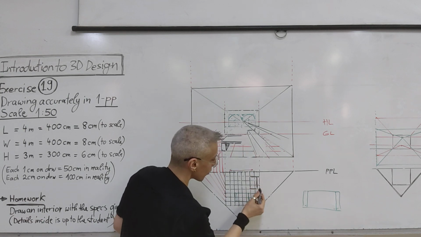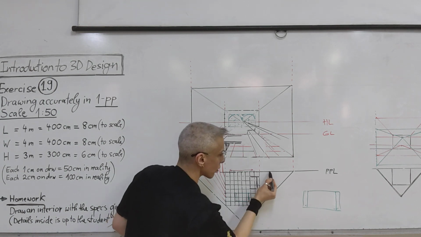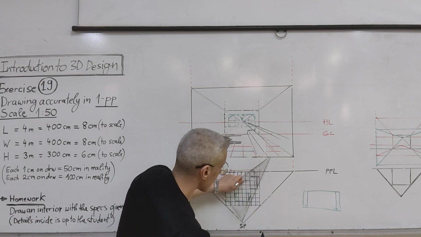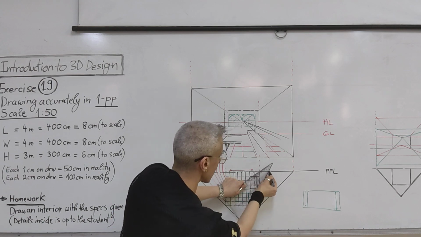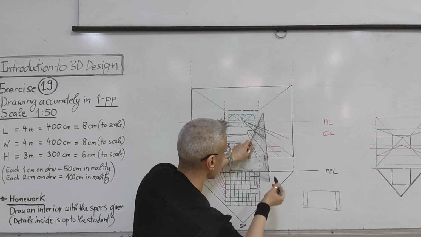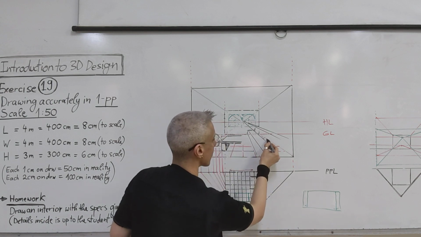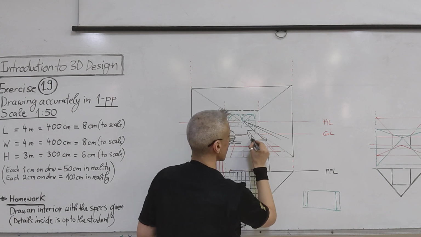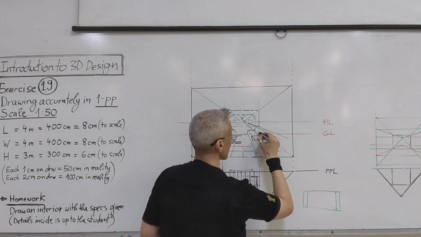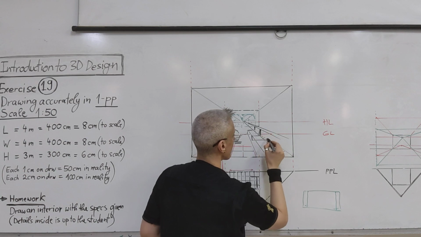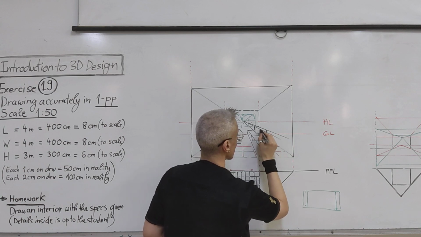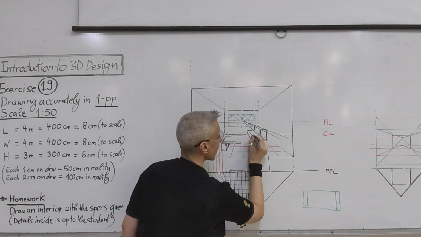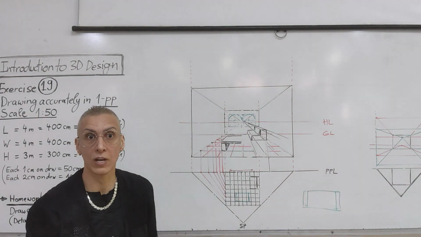So this is here, whatever this point is, you can take from the station point, from here take it up and see where it will intersect. So this point, for example, we can take it from the station point, see where it will intersect here, put it up, where it will intersect this line. So this is here the end of our sofa. So like this, for example, okay?